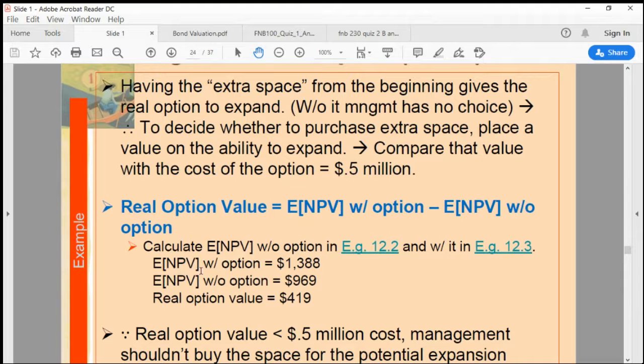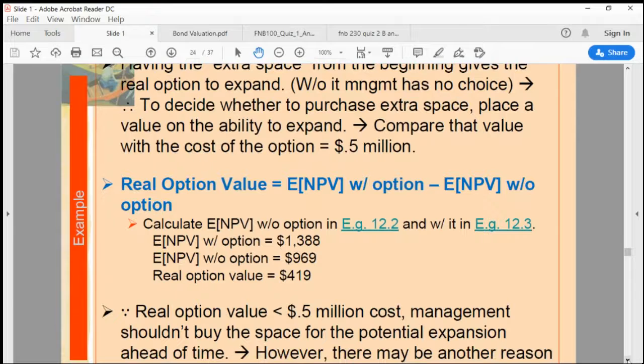So the expected net present value, in other words the weighted average, with the option is 1.388 million, right? That was what we already calculated. Net present value without the option is 969. The difference between the two is 419, or $419,000.